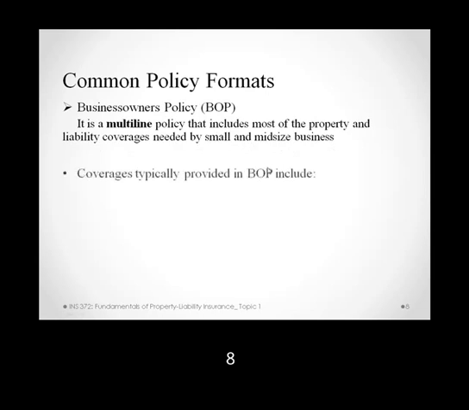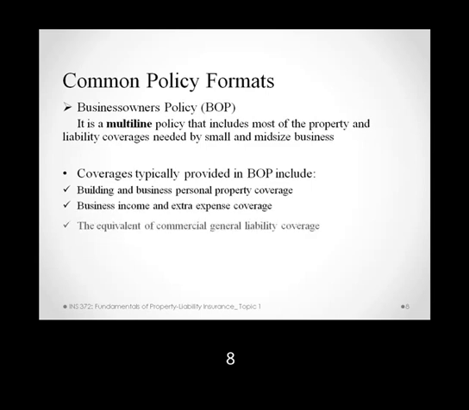The coverage that is typically provided in a business owner's policy includes the building and business personal property coverage, business income and extra expense coverage, and the equivalent of commercial general liability coverage. Now we are going to investigate these coverages in the later chapters of this semester.